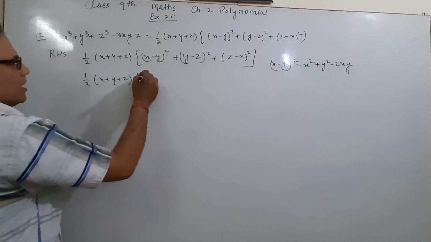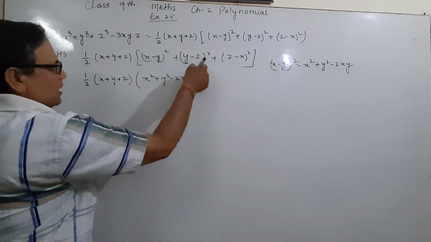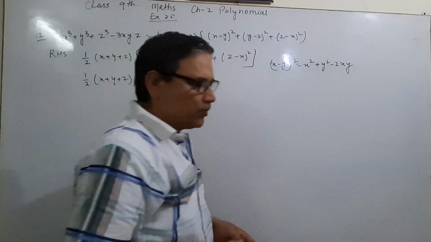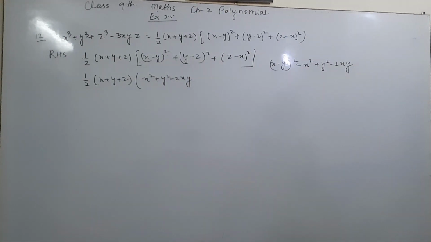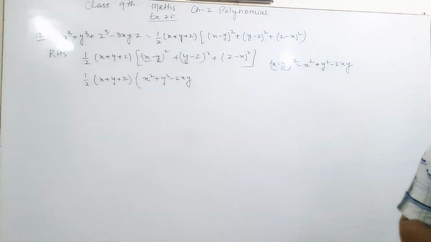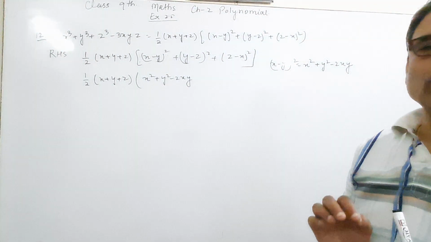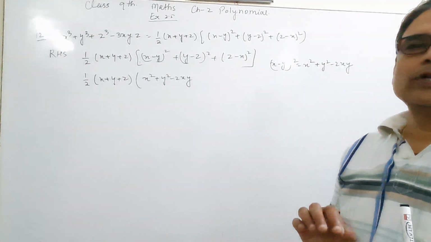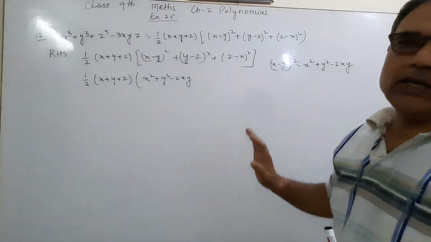Now tell me, x square plus y square minus 2xy. Think over it, I am giving you some time to sort it out, not too much. Stop the video and try to solve it yourself.